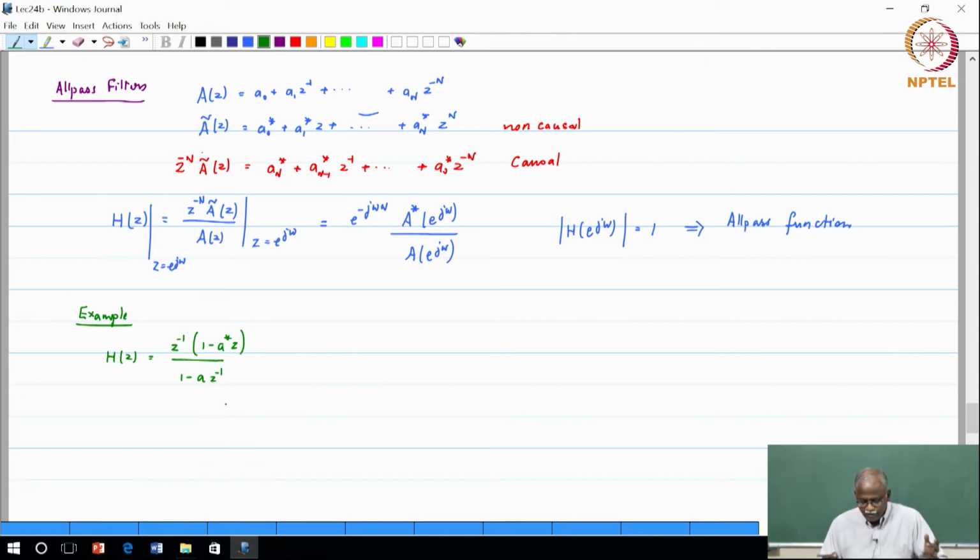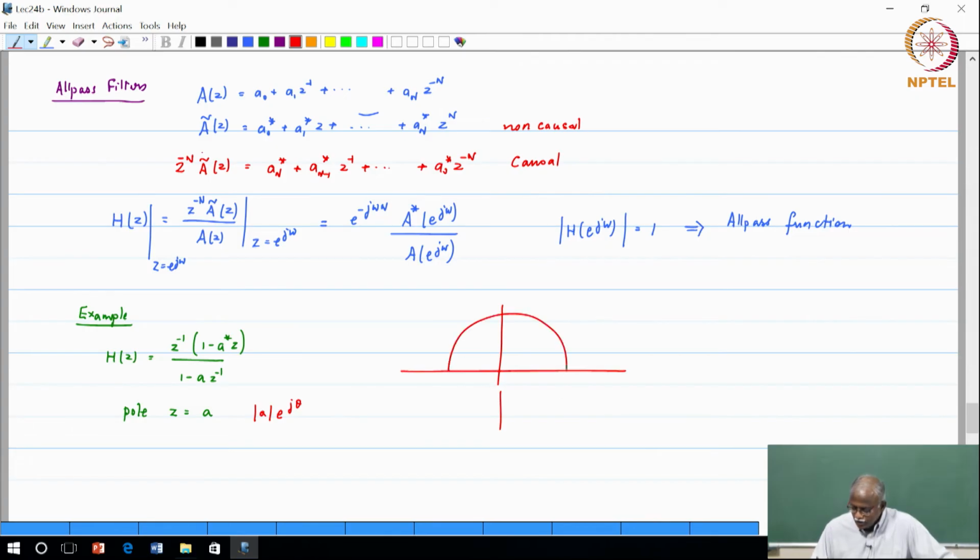Now tell me where the poles and zeros are located. I look at the denominator first. There is a pole at z equal to a. If I write it as modulus of a e power j theta, I get a magnitude, and if I were to sketch this, that is the unit circle.